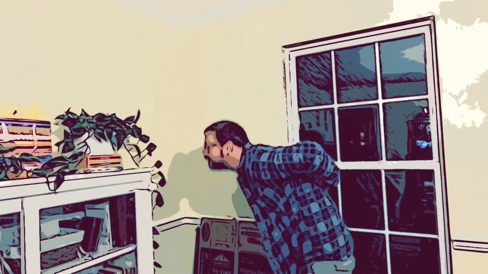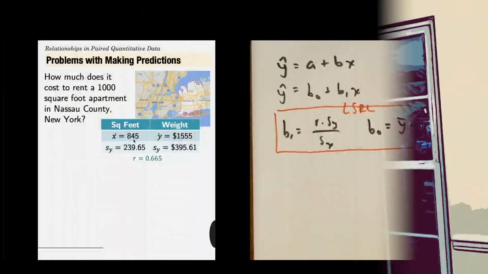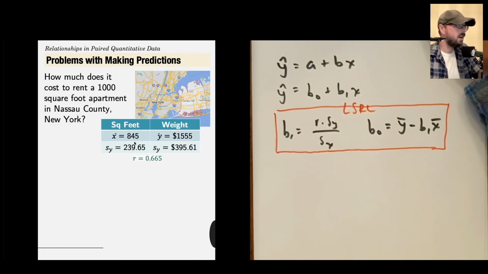So here we see that the average square footage of apartments, at least in a small sample of just 10 examples, was 845 feet. And the average rent of the rental properties here was $1,555, which is a lot of money.